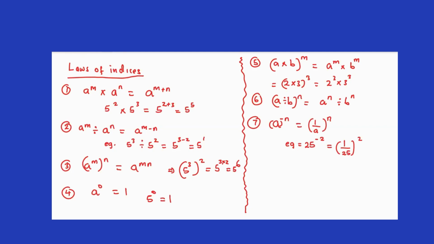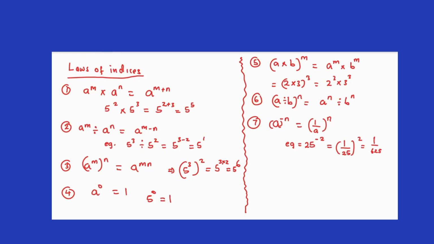So once you find the reciprocal, the power goes. So this gives us 1 over 625, because the square of 1 is 1, and therefore the square of 25 is 625. You see them?